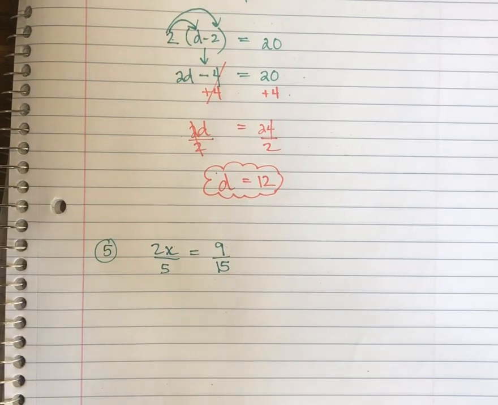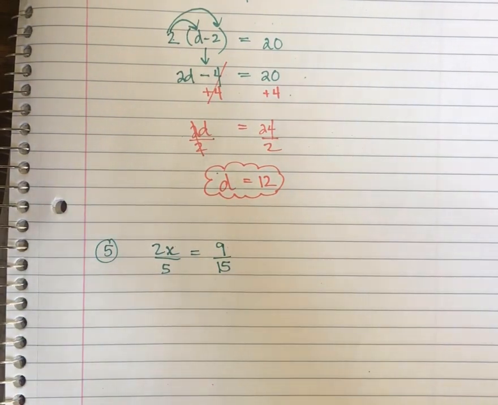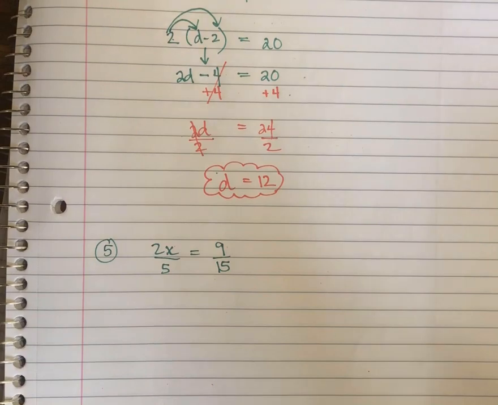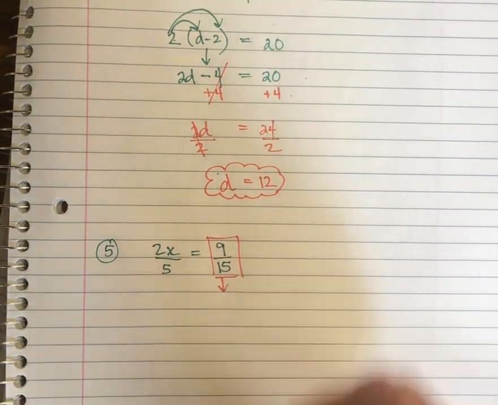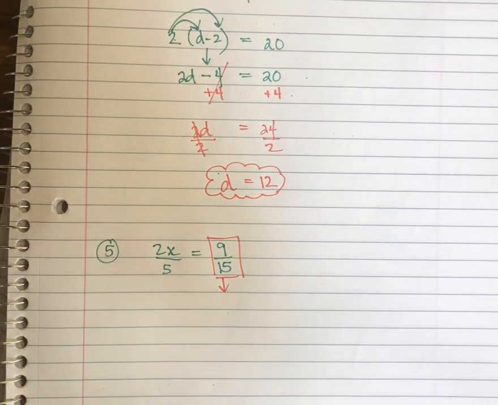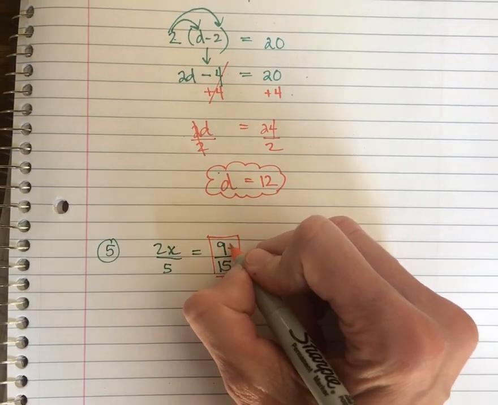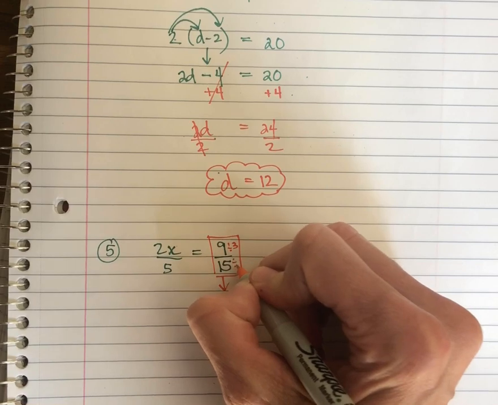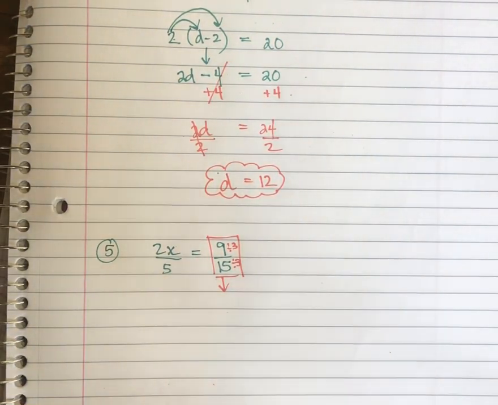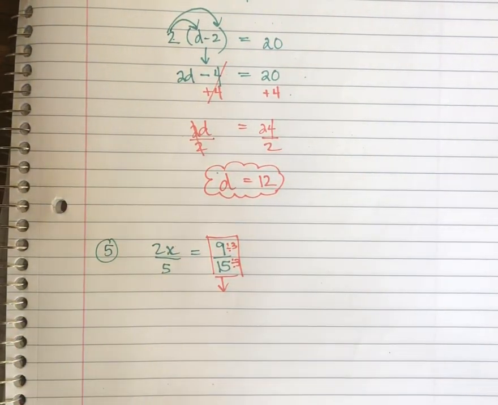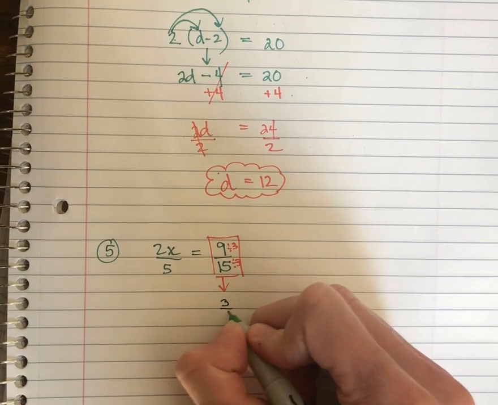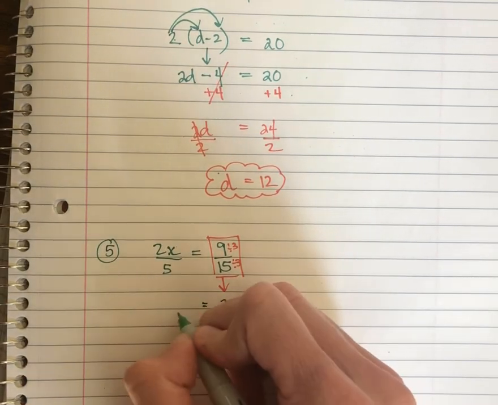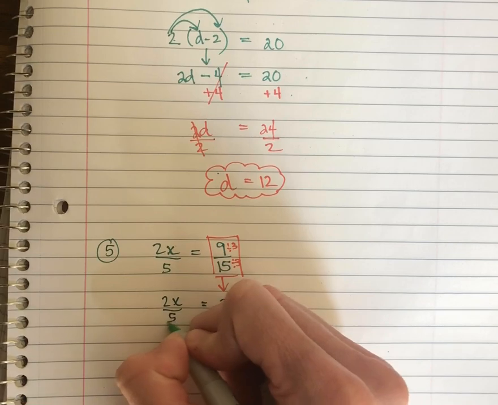What I would do to this problem first, and you don't have to, but I recommend it, always check to see if you can reduce a ratio first, which in this case, we can. These can be divided by 3. If you don't reduce your ratio, you're still going to get it right. You're just going to be working with bigger numbers. So 9/15 reduces to 3/5, and then drop in the other half of the proportion.